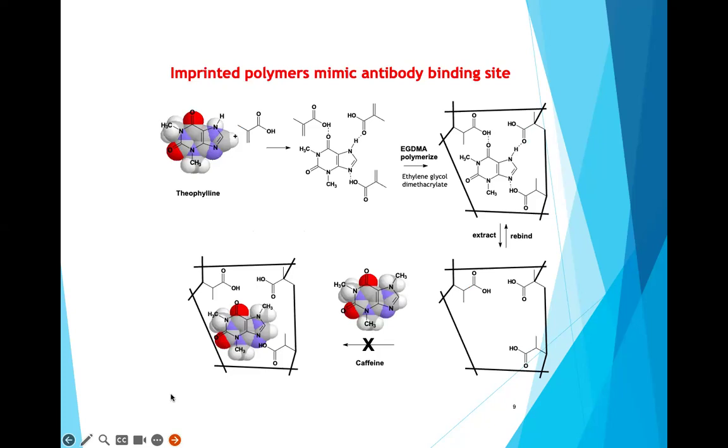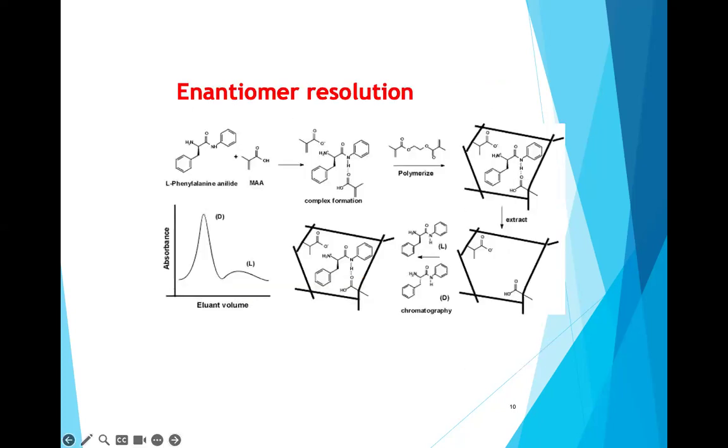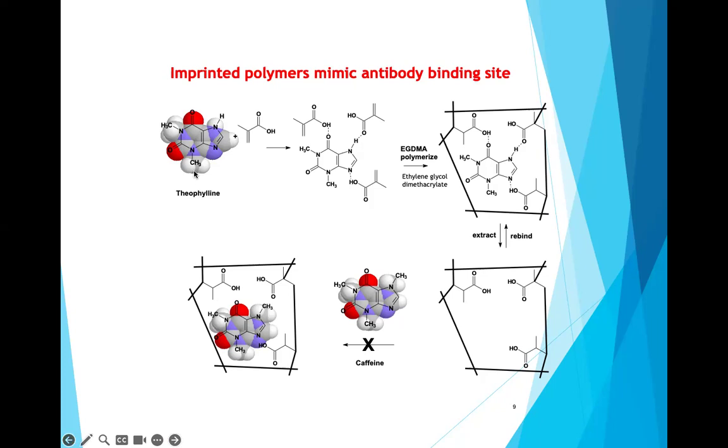Okay, so let's say now this is an actual process. This is the template. Now you can see the real template. The whole process is trying to produce an imprinted polymer to mimic an antibody, in this case for theophylline. This is the antibody binding site, and this is the antigen.